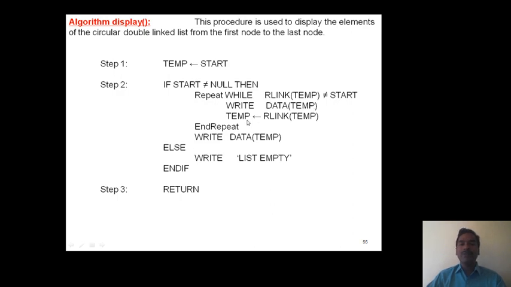Now temp is shifted to right hand side like temp equals R link of temp, and repeat. Now the last node information is printed outside the loop, write data of temp. If this condition is false, that means elements are not available, hence we print a message, write list empty, end if. Now we return from the function. In this way we can traverse a circular double linked list.